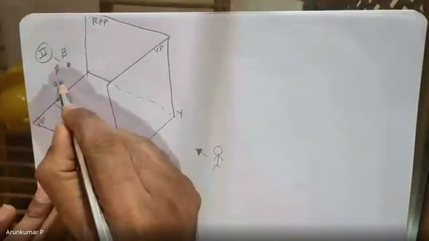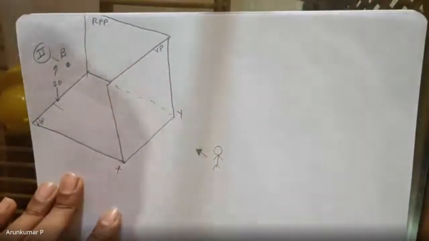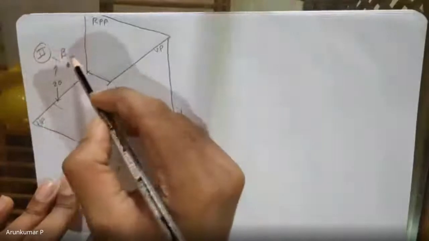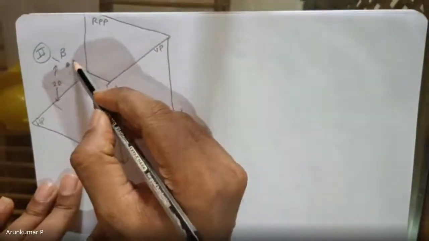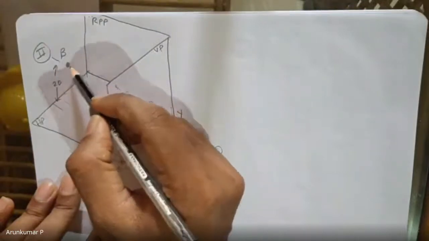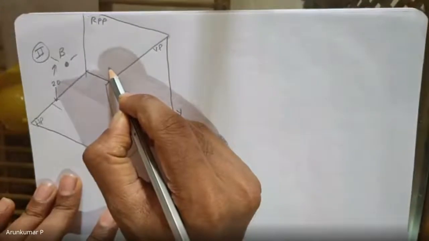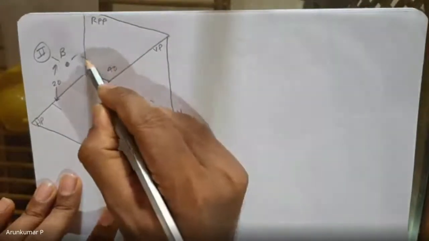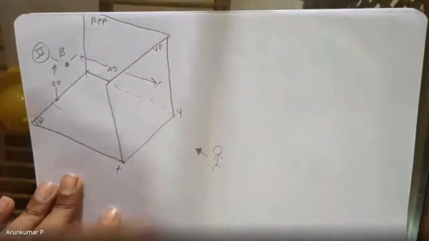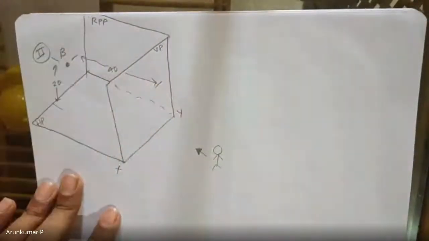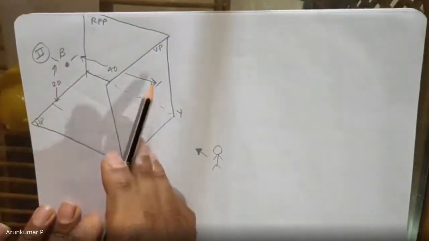This point B is, let us say, 40 mm behind VP. So 40 mm behind VP.